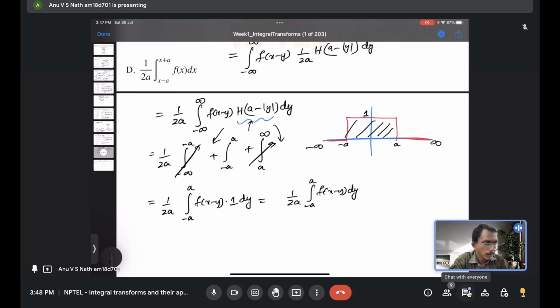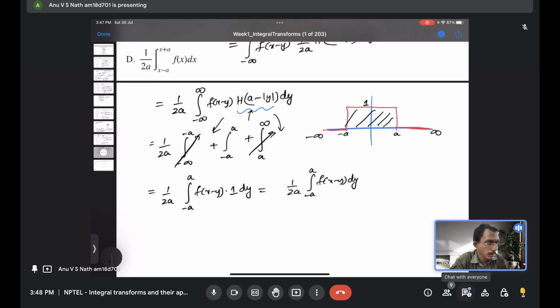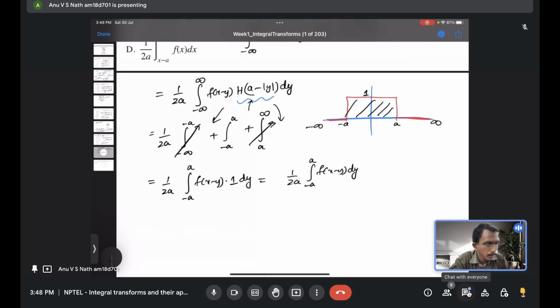Now this is not exactly looking like what we have in the options, so we need to do a transformation. Let x minus y be u, then minus dy is equal to du.